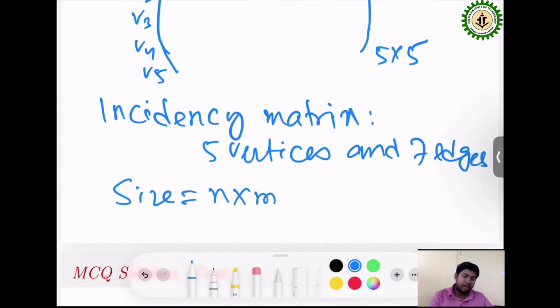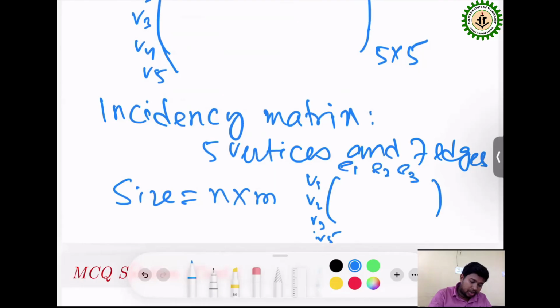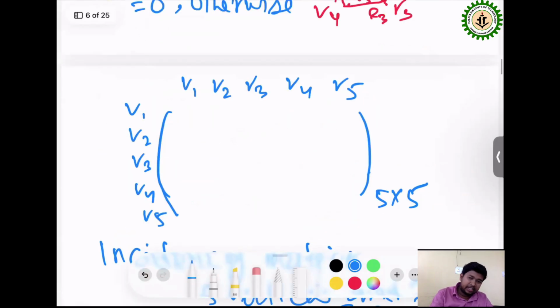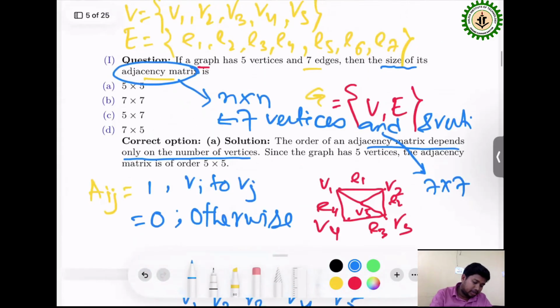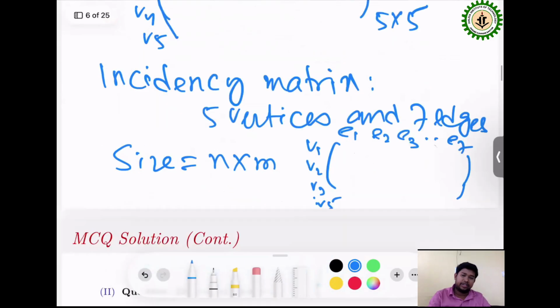The n depends on the number of rows, the vertices V1, V2, V3, V4, V5, and the columns depend on the edges E1 up to E7. So for the incidence matrix, the answer is 5 cross 7.